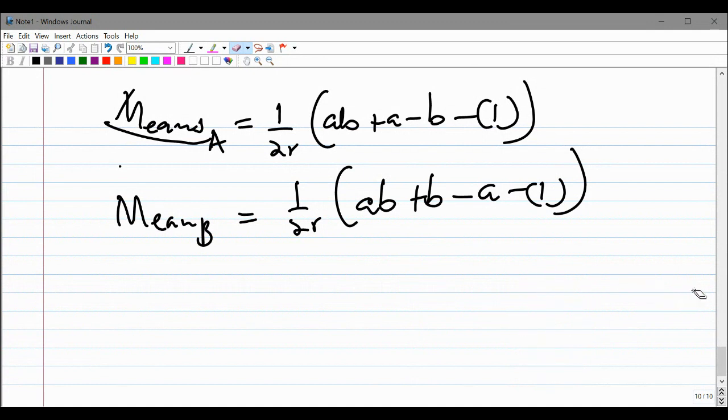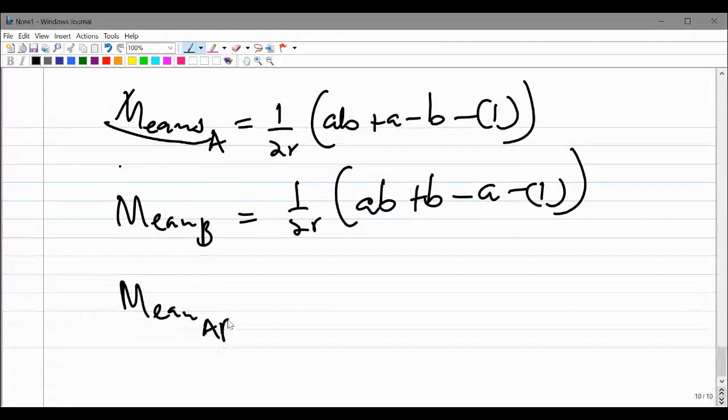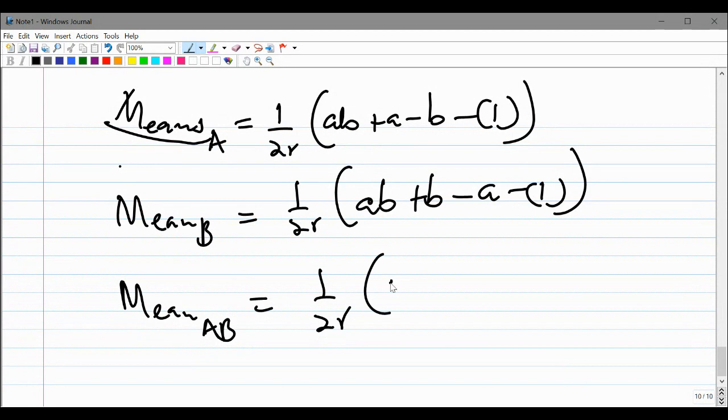Mean of AB, I think, is given by mean of vector A and B is given by 1 over 2R. AB plus B plus A.